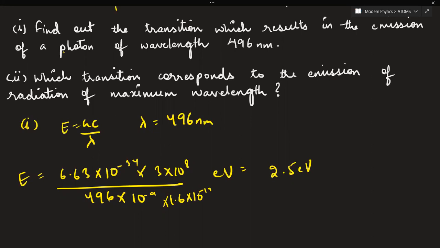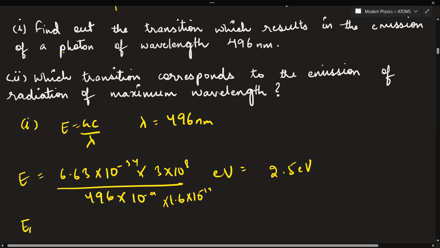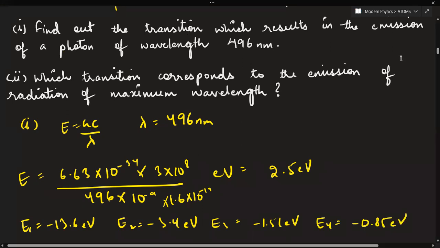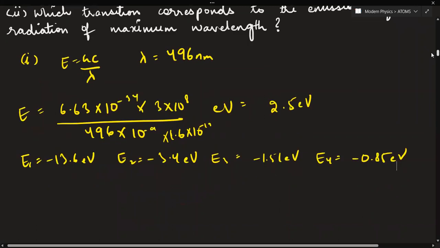How? See, E1, E2, E3, E4, you know the values. E1 is minus 13.6 electron volt, E2 is minus 3.4 electron volt, E3 is minus 1.51 electron volt, E4 is minus 0.85 electron volt. We just have to check which two, when subtracted, give around 2.5.